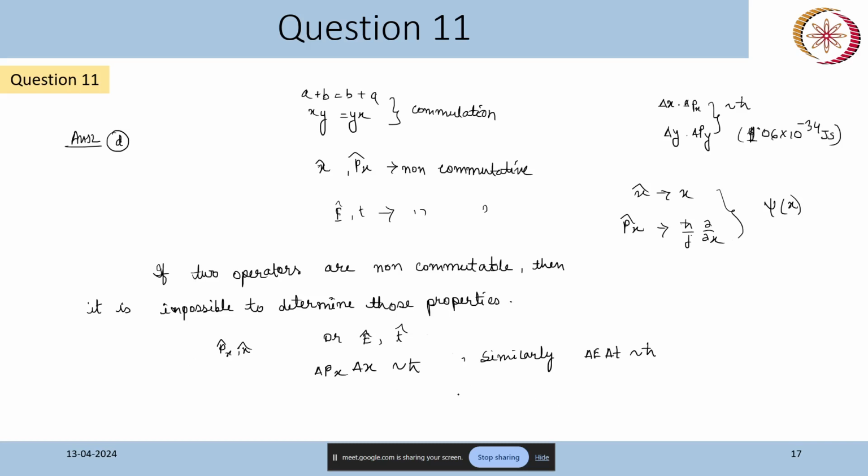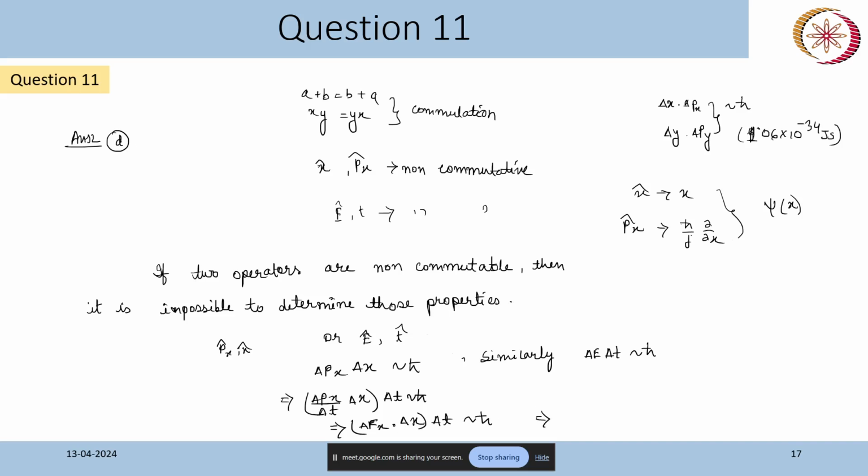Now this is a very simple derivation. We can do this from this expression. So delta p_x by delta t, let me write it this way. I will multiply delta x and delta t, so this is h bar. Next, delta p, momentum by time, is actually force, into delta x multiplied by delta t. This is in the order of h bar.